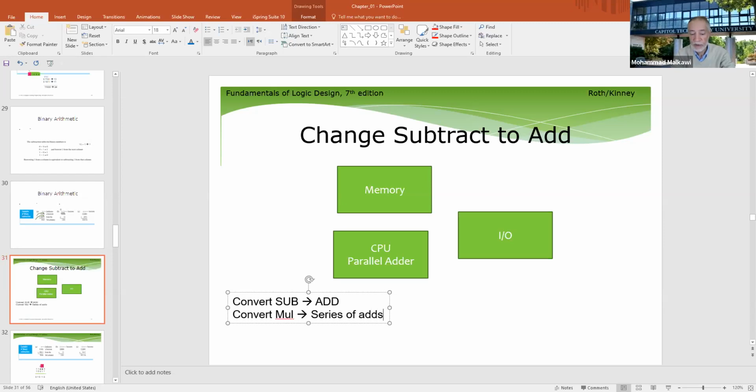Now the divide: when we divide things, we can easily convert the divide into a series of subtracts. And the subtracts, as we have just said, are adds. So eventually, it's a series of adds.